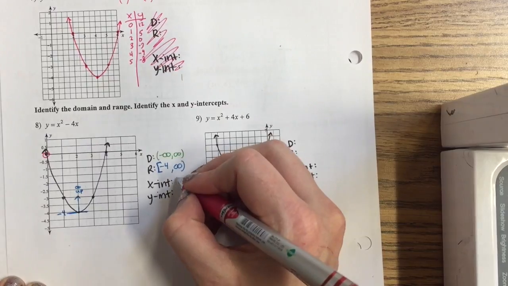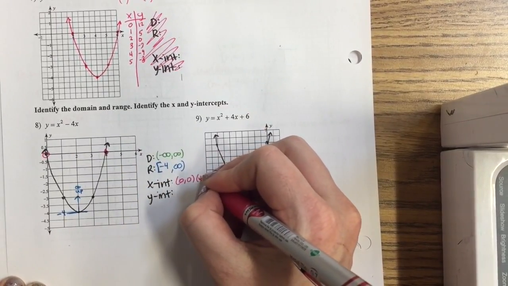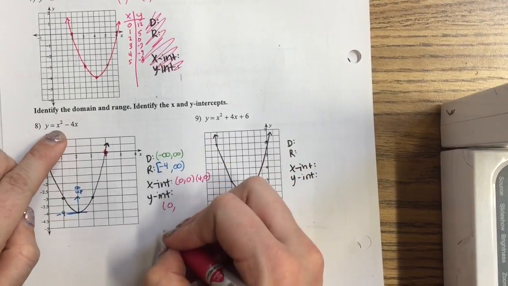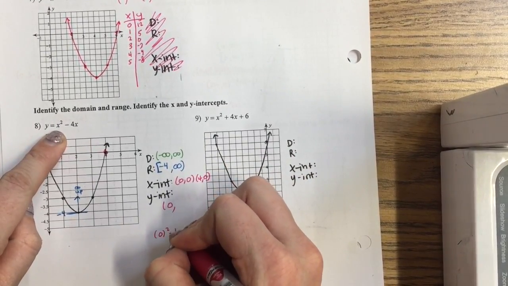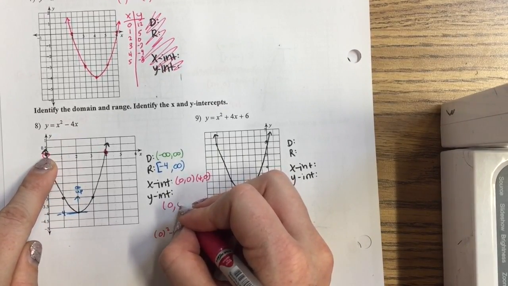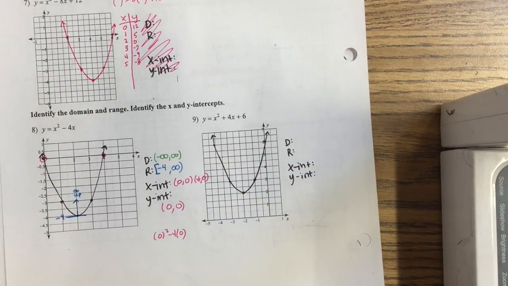X-intercepts will be 0, 0. That one will be 4, 0. My y-intercept, if I want to, I can check by plugging it in. Or I can look at my graph, which would be 0, 0 for the y-intercept.